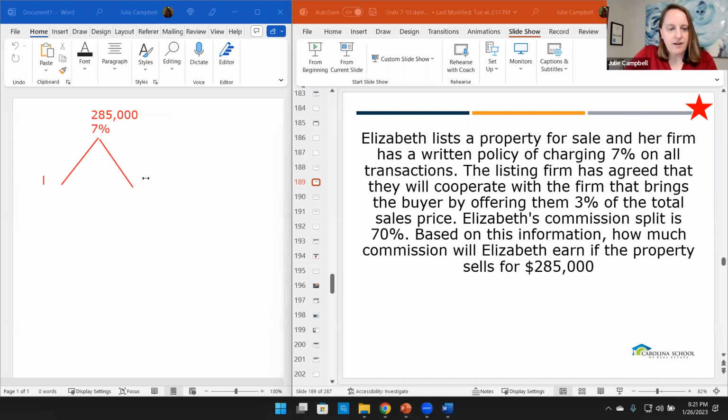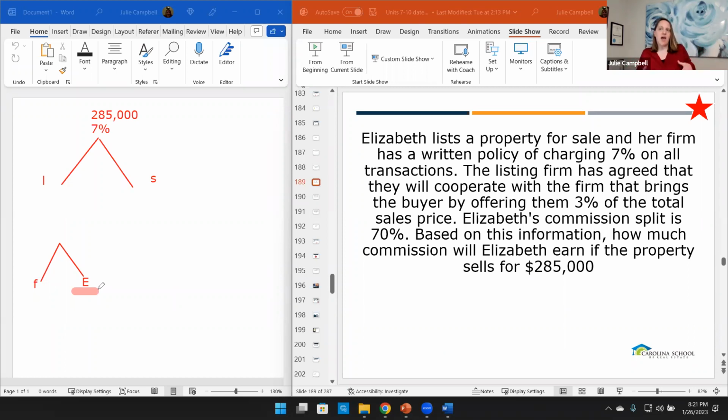This is the selling side. Then once we figure out the list side, don't we need to take that and split it out again? Now between the firm and the one person we care about, Elizabeth. Getting Elizabeth paid is all I care about.